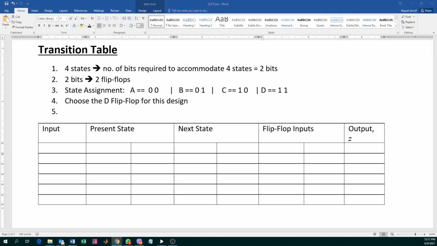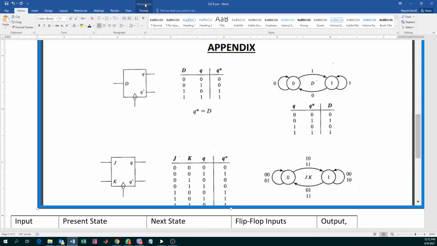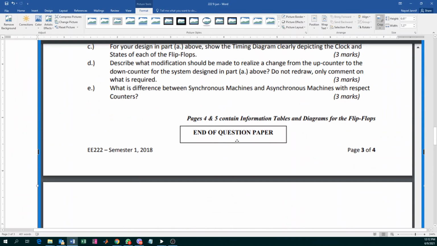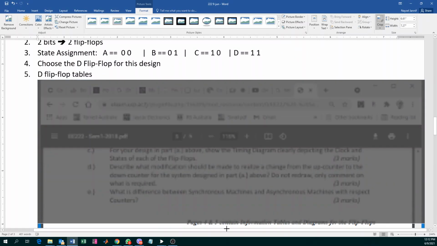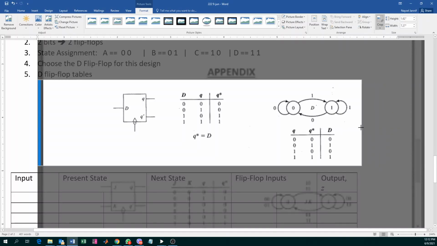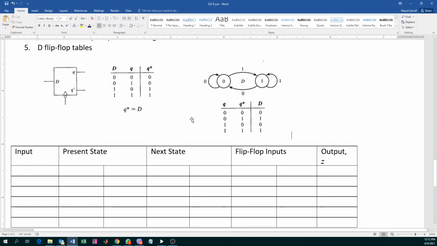I've given the 2018 final exam paper. Okay, I'm just pasting the thing here. There we go, guys. So I just wanted to put the D flip-flop table right on top of us.